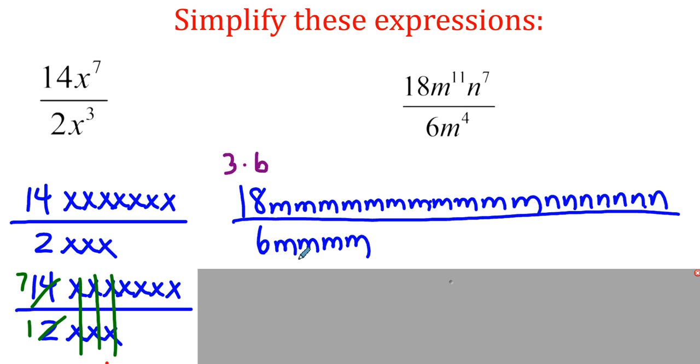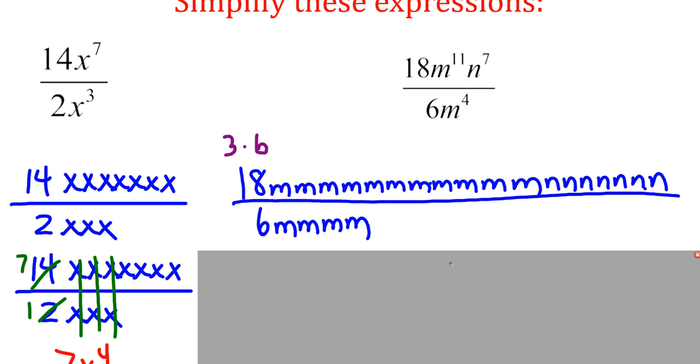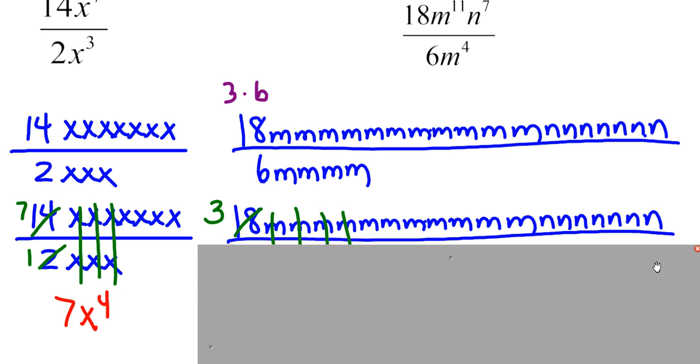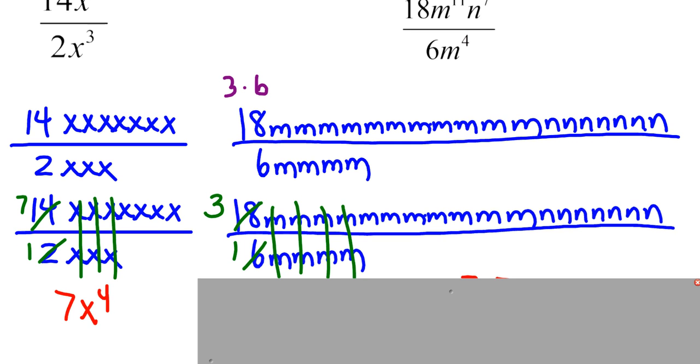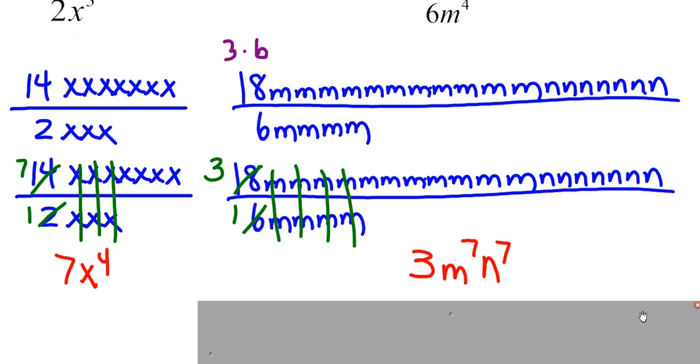We see that we have a greatest common factor of m. In fact, we can divide out 4 pairs of m's, but no greatest common factor of n's. We're going to leave those as is. So let's divide out what we talked about and see what remains. In our numerator, we have 3, and then we have 7 m's and 7 n's. So our expression simplifies to 3m to the 7th n to the 7th.